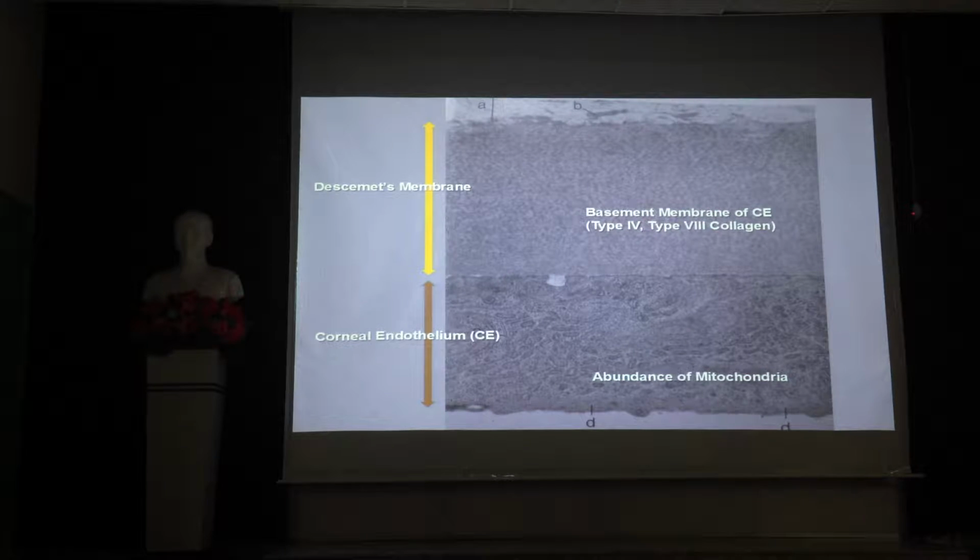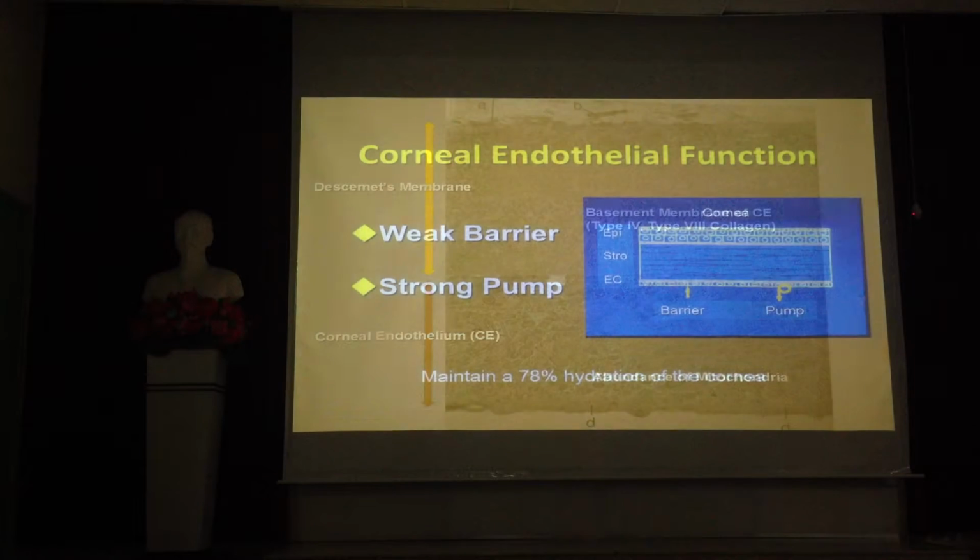The component is almost the same as the dense anterior capsule, which is also made of type 4 and type 8 collagen. And the corneal endothelial cell itself has a quick abundance of mitochondria. This is a key for the corneal endothelial cell.